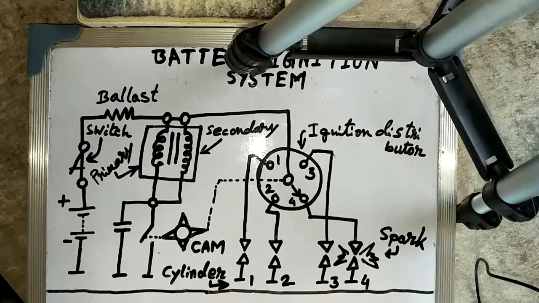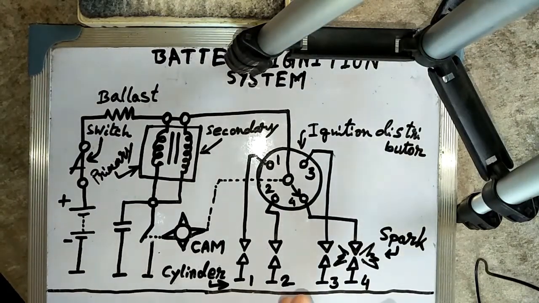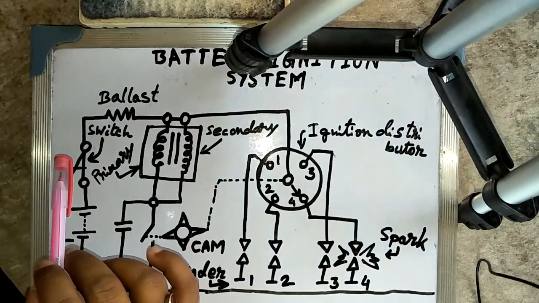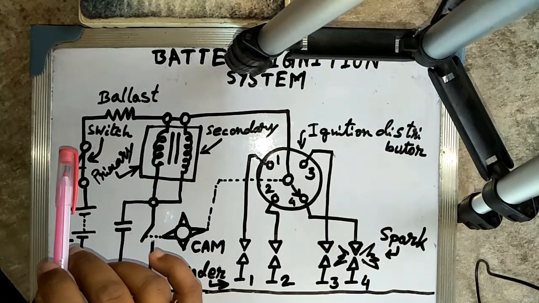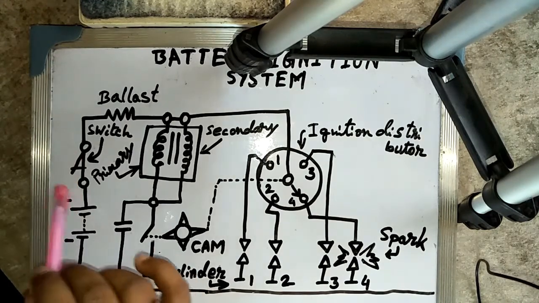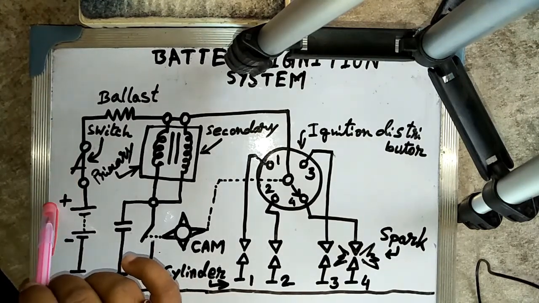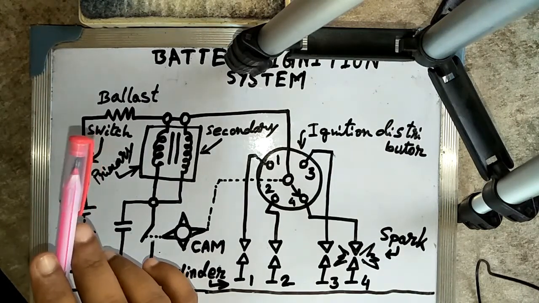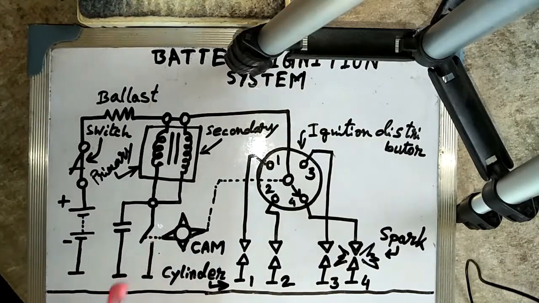One end of the primary winding is connected through the ignition switch to the positive terminal post of the storage battery, as shown in this figure, and the other end is grounded through the contact breaker.